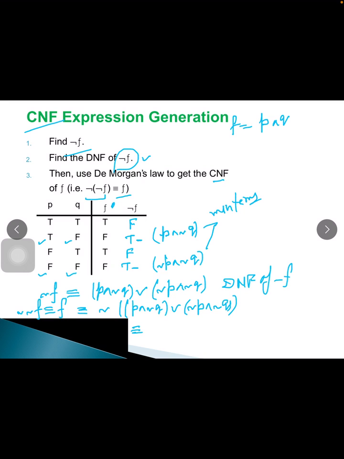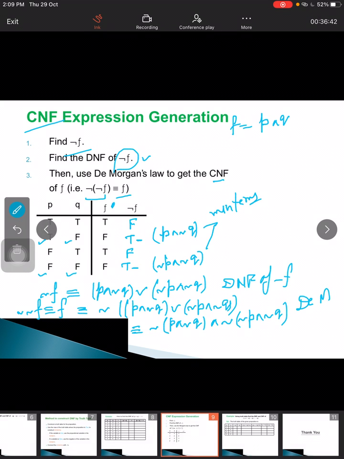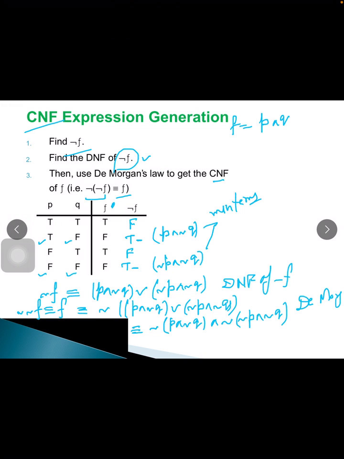When we apply De Morgan's law, we have the negation of P and negation of Q, and the or is converted into and, giving negation of negation P and negation of Q. So here we use De Morgan's law, right?